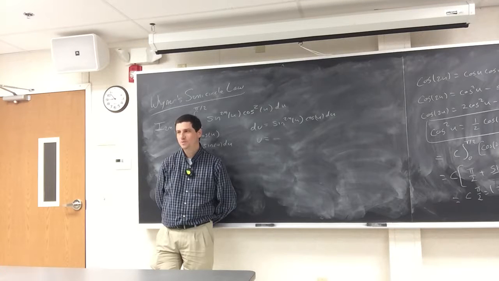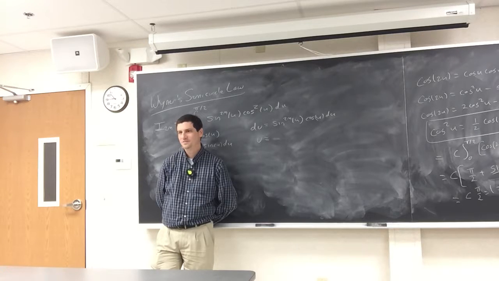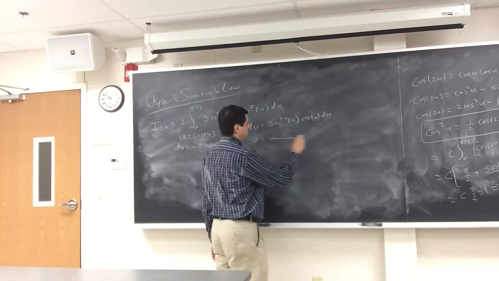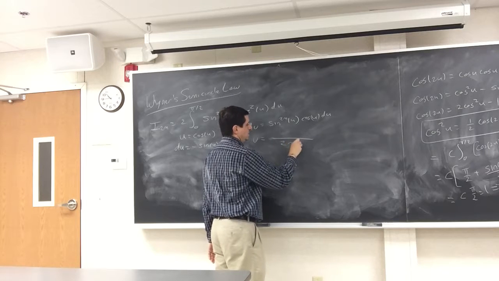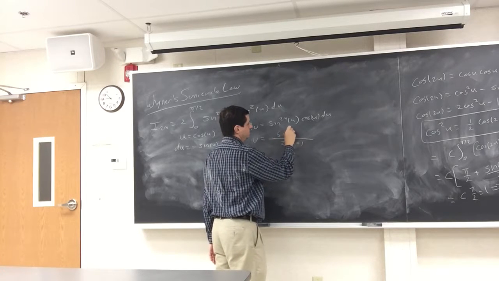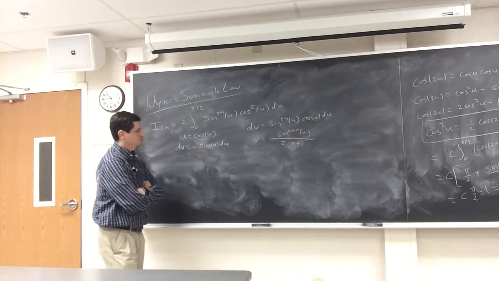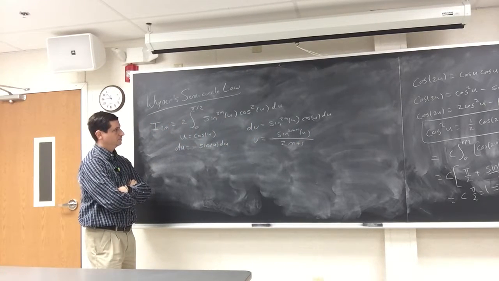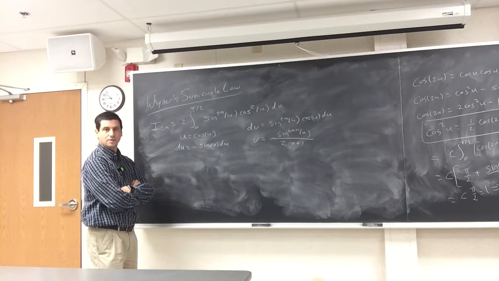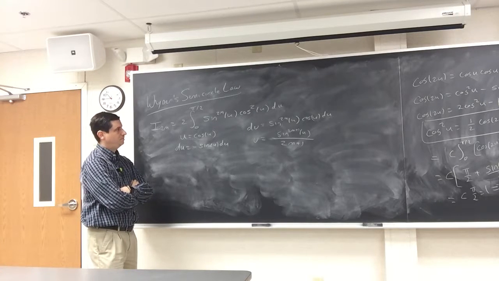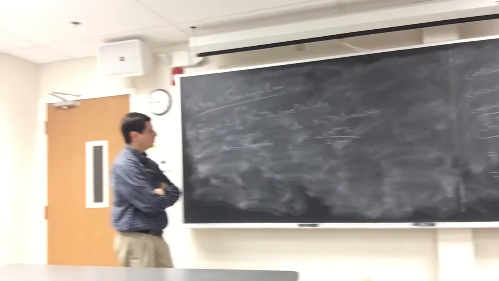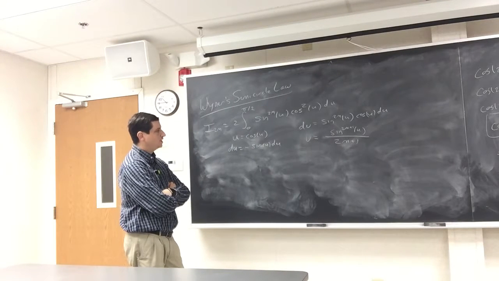The derivative of sine 2m plus 1 would be 2m plus 1 sine 2m times cosine. And how many powers of sine do I have? 2m plus 1. So this could be a little bit troublesome. It looks like we're getting higher powers of sine, but we're getting rid of all the cosines.